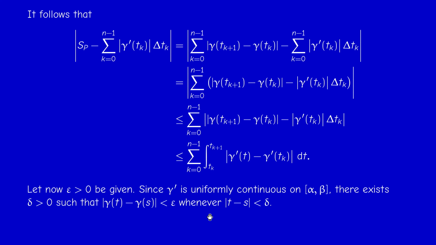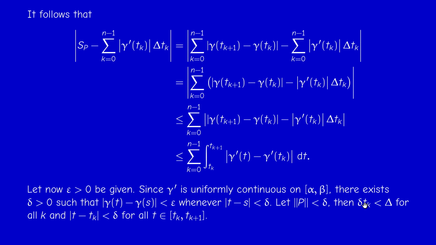Fine. So now if the norm of the partition is less than delta, sorry, this is capital Delta, so it's in the opposite direction. So Delta tk, the step size of the partition, is less than the small delta.